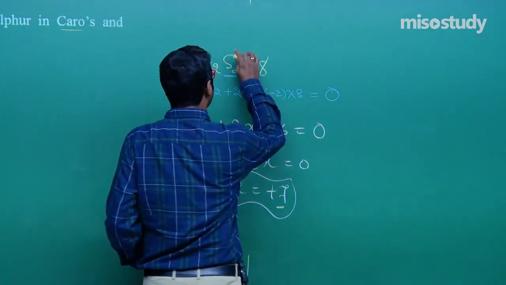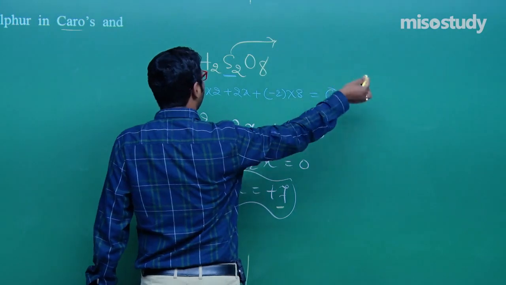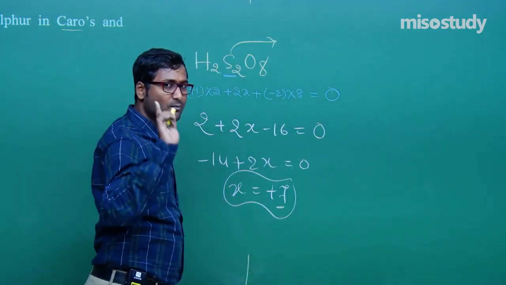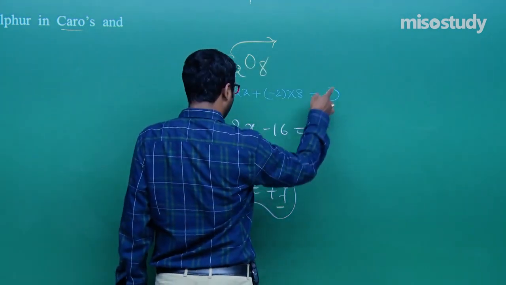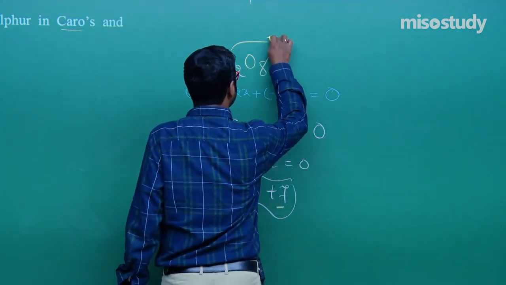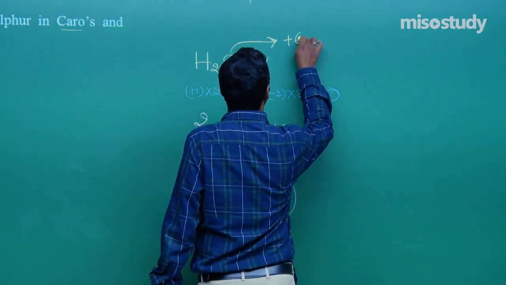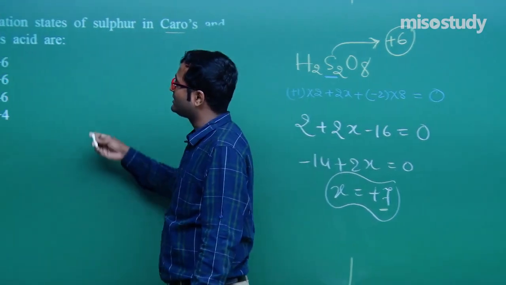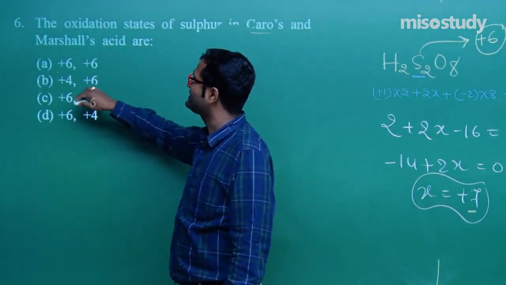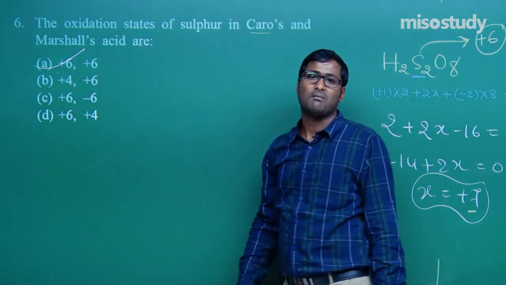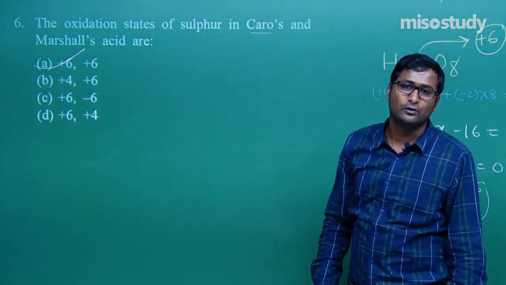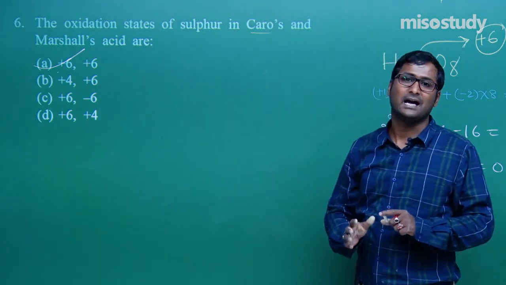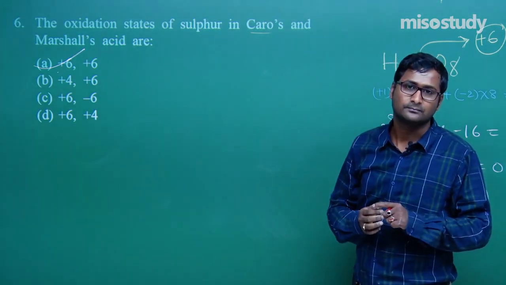So the maximum oxidation state of sulfur in Marshall acid is also plus 6. So the overall oxidation state is plus 6 for Caro's acid and plus 6 for Marshall acid. Clear to you? If you have any doubt, you can easily approach me.